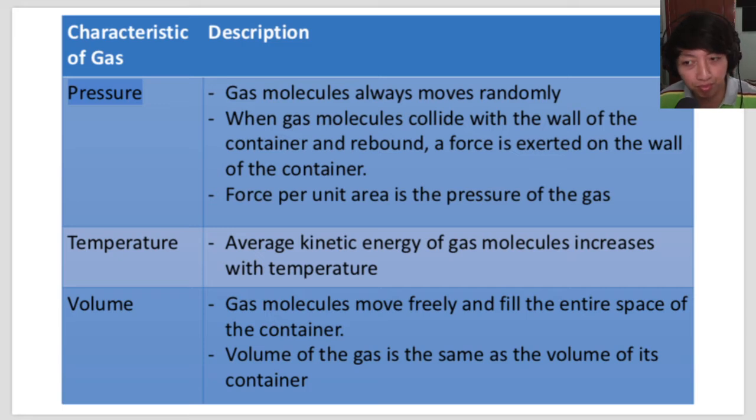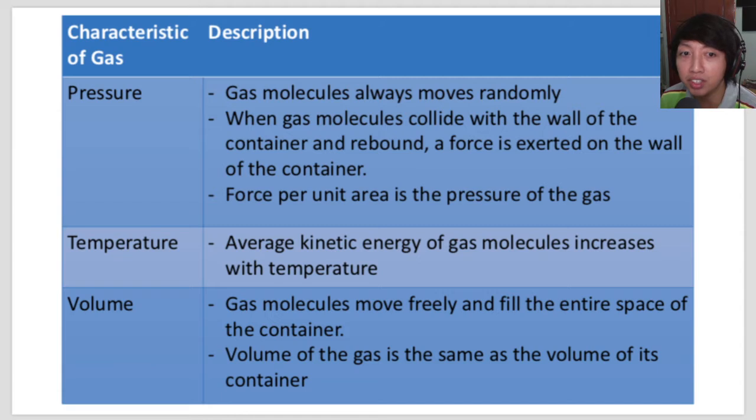What do you think? So if you think about it, the more the gas molecules move, the faster they move, the more they collide or the more it hits the wall of the container.